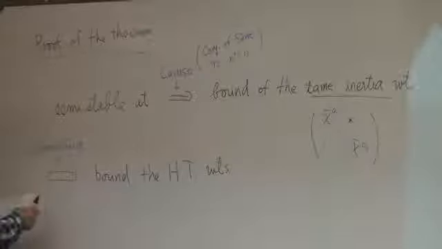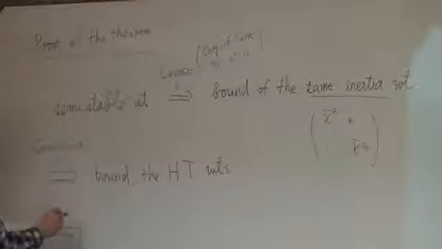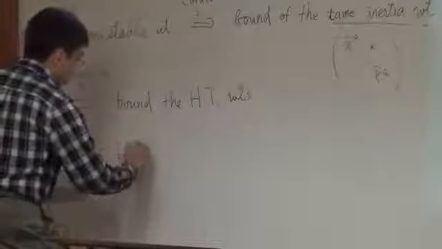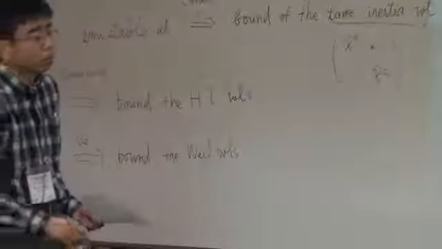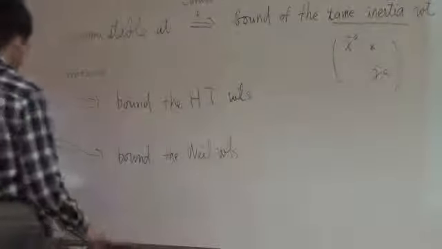So then our condition G, the equality, can be used to bound the Weil weights using that equality.